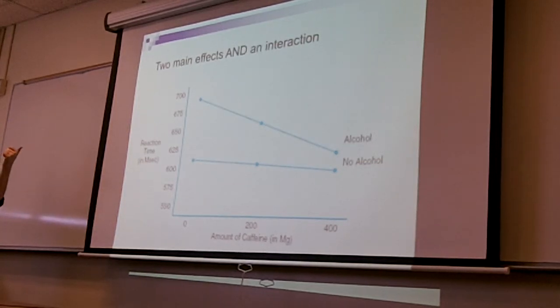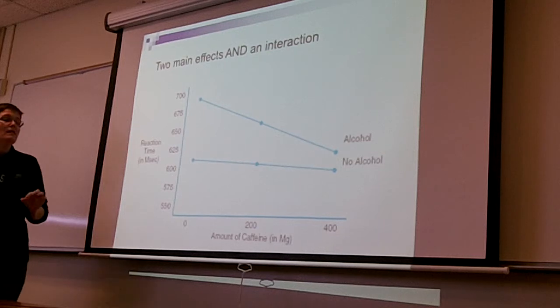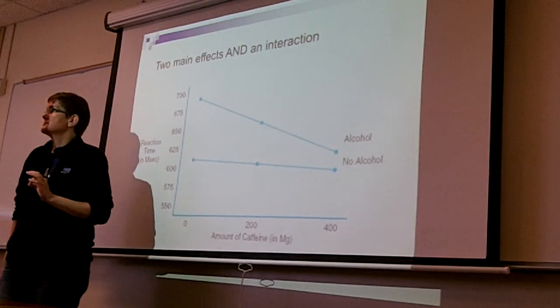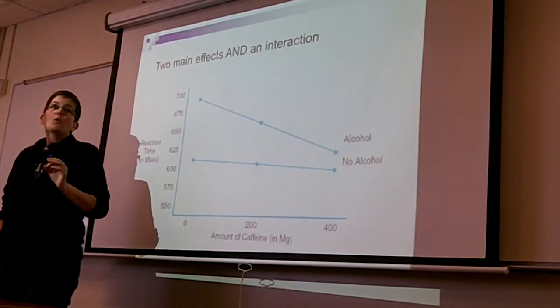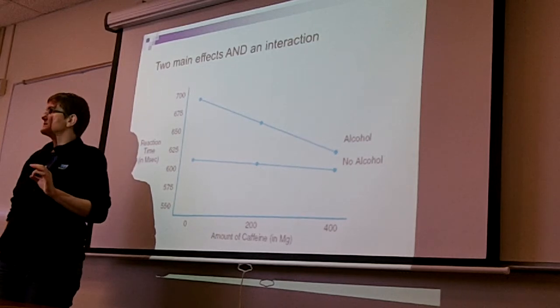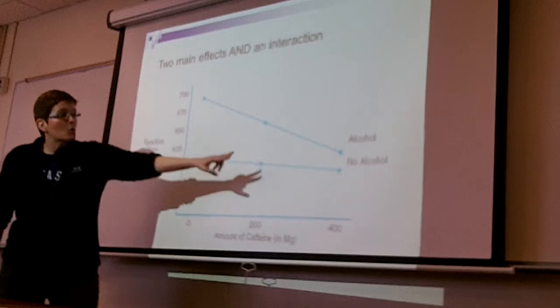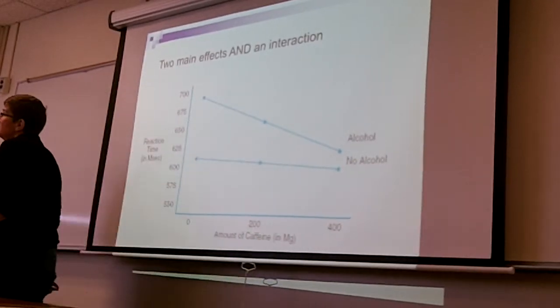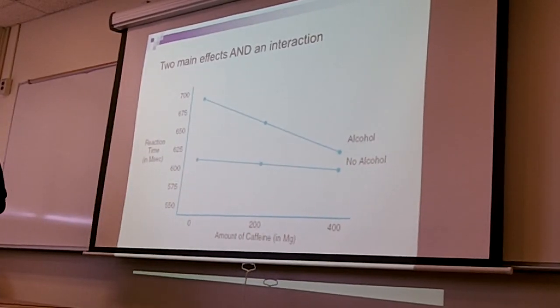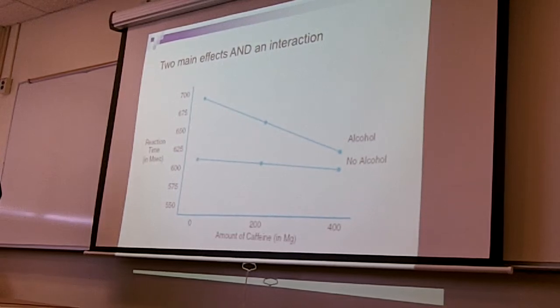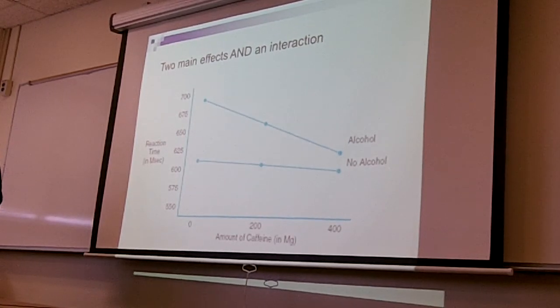What this graph also makes very clear is that in the presence of an interaction, the cues that we use to tell whether there's a main effect of the x-axis variable or the legend variable get skewed. The cues we use are skewed.